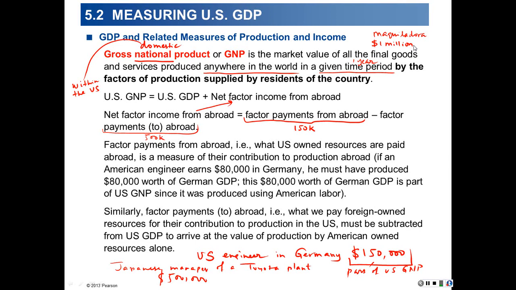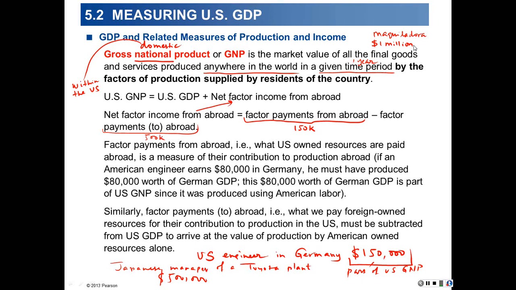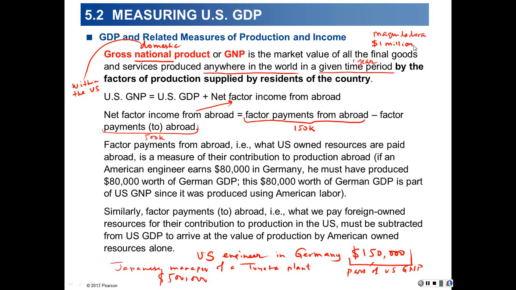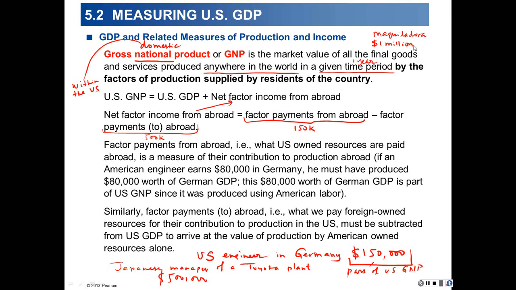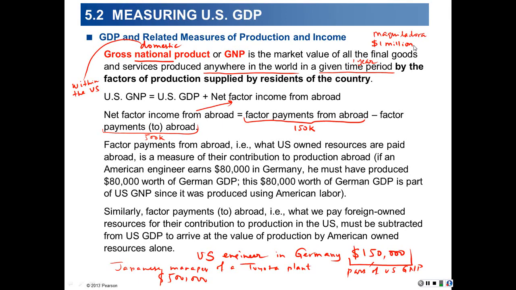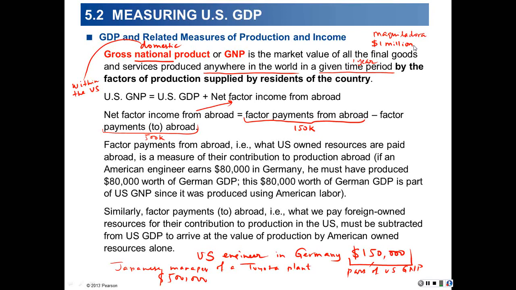No, because this is production that took place outside the borders of the states. Is it part of Mexican GDP? Yes, it is part of Mexican GDP, correct? Now the next question. Is this 1 million part of US GNP? Aha, GNP is what's produced using American resources.